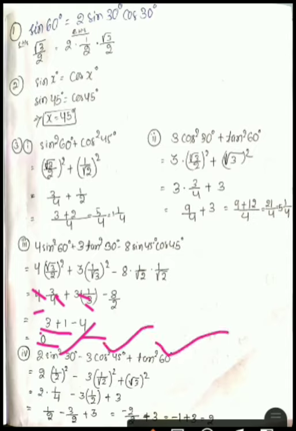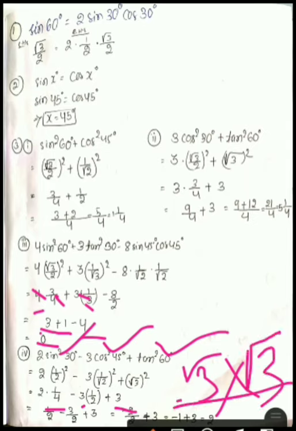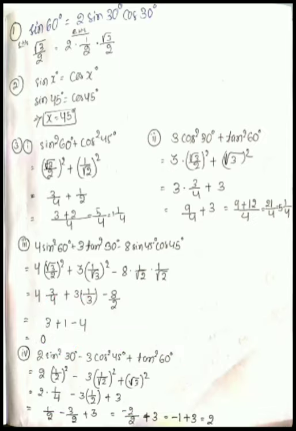Okay, so you will get 2 whole 1 by 4, 3 into whole 1 by 2 plus root 3 square means root 3 into root 3, and the value of this is 3. So 1 by 2 minus 3 by 2 plus 3, take out the LCM. Okay, you will get minus 1 plus 3 at last, and minus 1 plus 3, the value is 2.